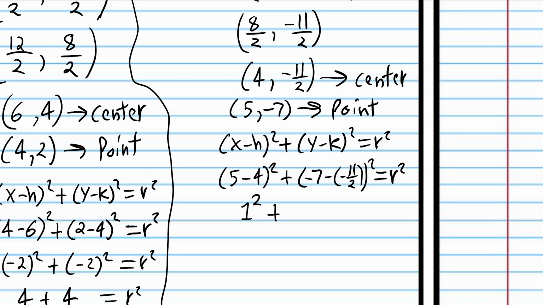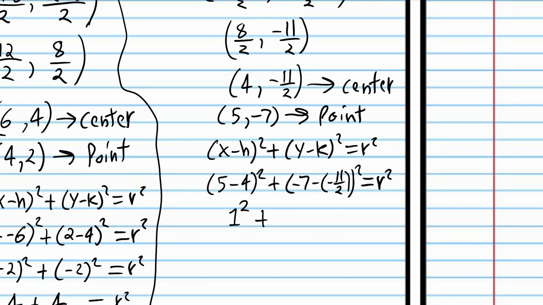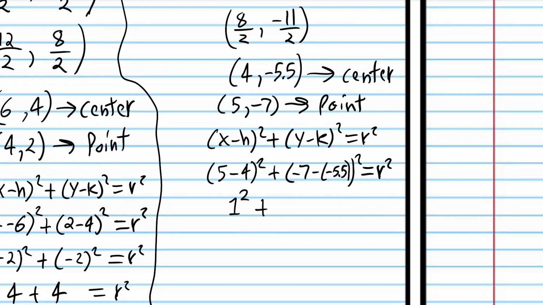And actually, now I think of it, it's probably going to be better to change that to a decimal. So let's change that to negative 5.5. So negative 5.5. So that becomes negative 7 plus 5.5.